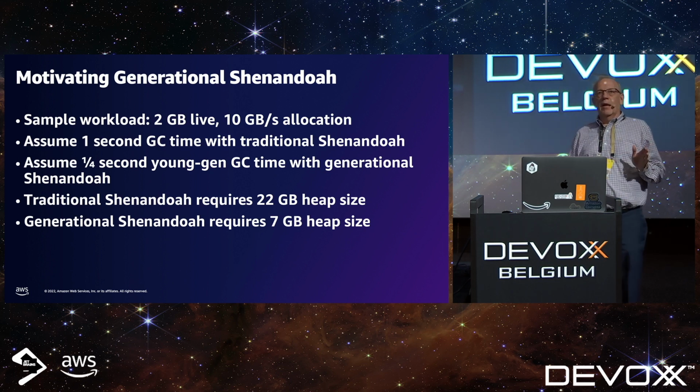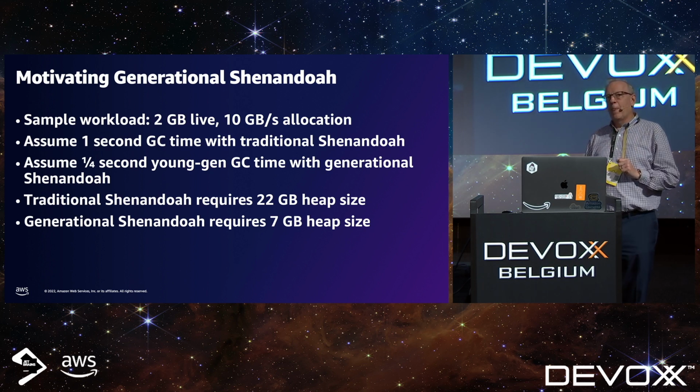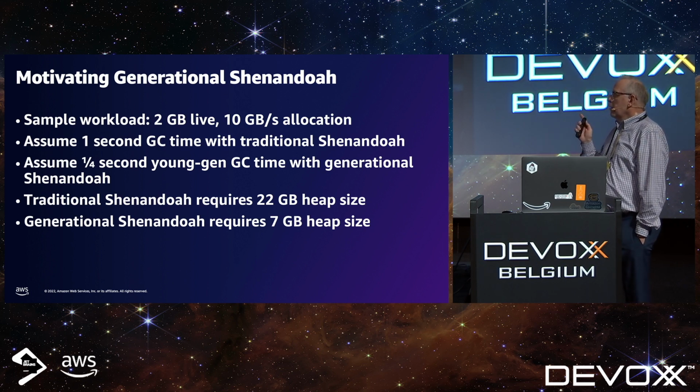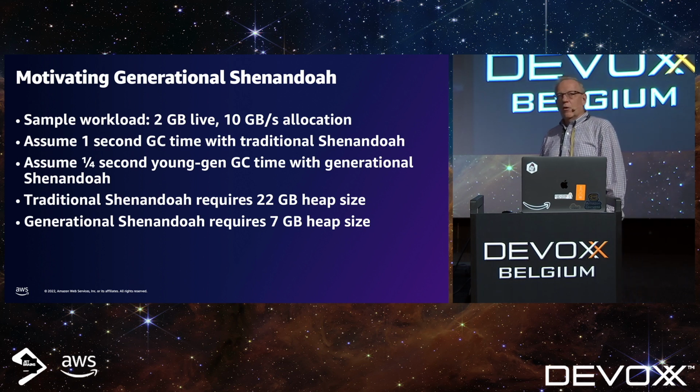So at any moment in time, your service has to have 2 gigabytes of live memory. And suppose it's churning through ephemeral or temporary memory at a rate of 10 gigabytes per second. Assume that the traditional Shenandoah without generations takes a second of concurrent execution time to complete garbage collection.